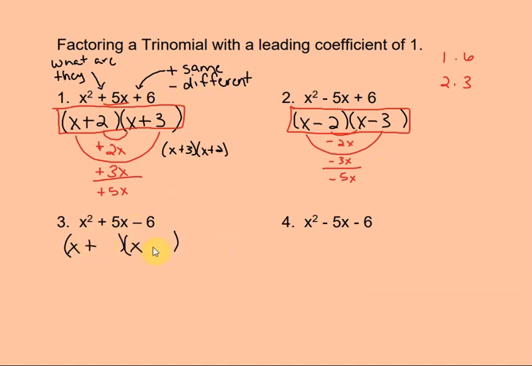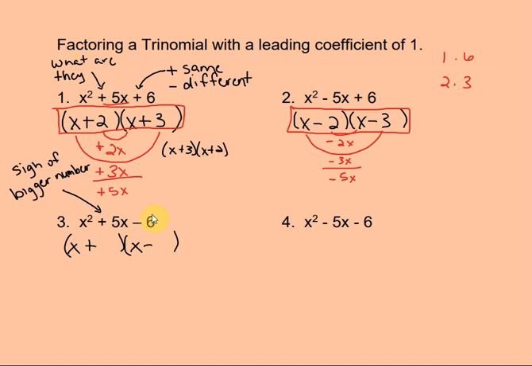Okay, so one's going to be positive and one's going to be negative. The first sign now is not going to tell me what they are because they're not the same. The first sign tells me the sign of the bigger number. Okay, I'll show you what I mean by that in just a minute. So we know that our signs are different, so that means we're going to be subtracting, or again, if I looked at my second sign, since that's a minus, I know I'm going to be subtracting.